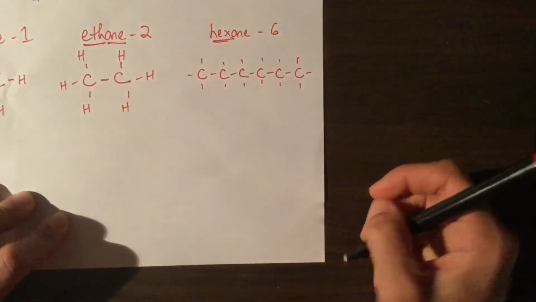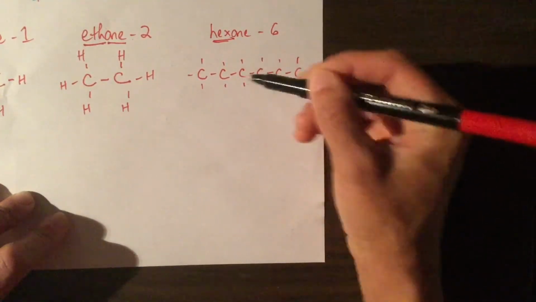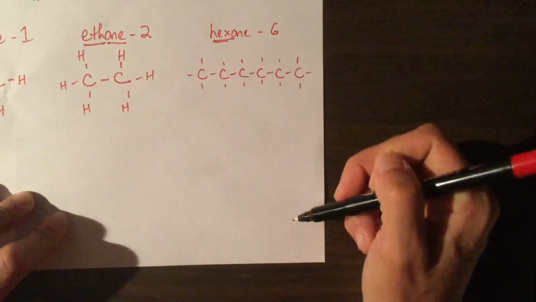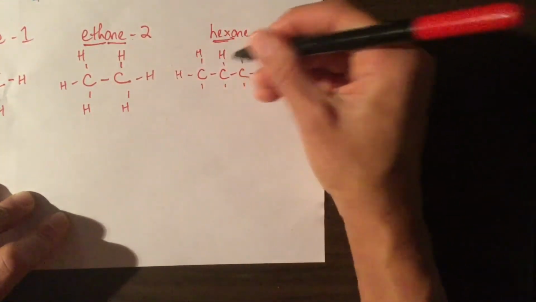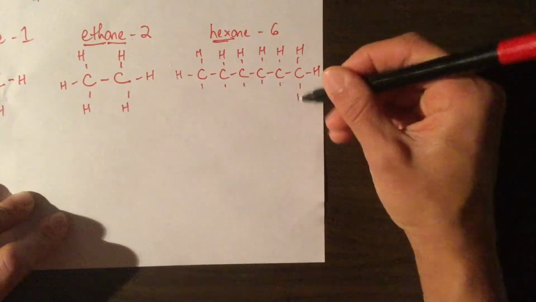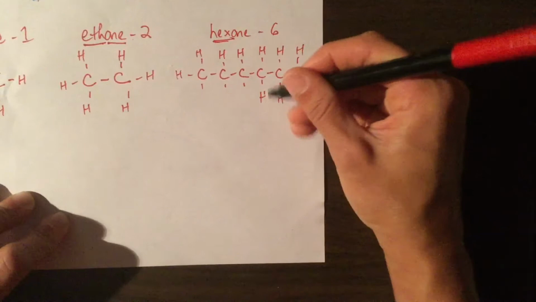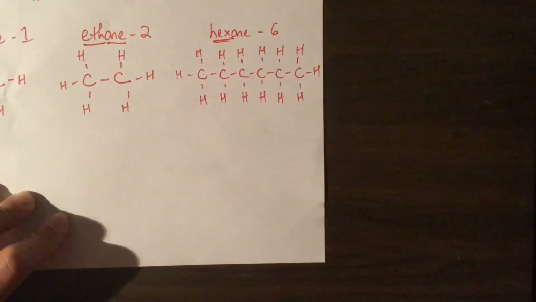And then I always want to double check to make sure that each carbon has 4 bonds, no more, no less, connected to it. Once I've done that, I'm going to go through and fill out the rest with my hydrogens so that everything has its valence orbit complete. So this is what hexane would look like.